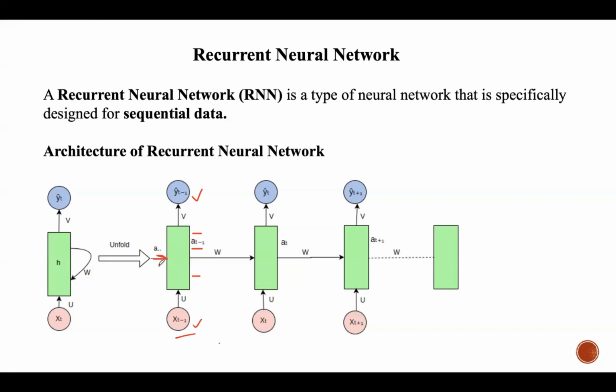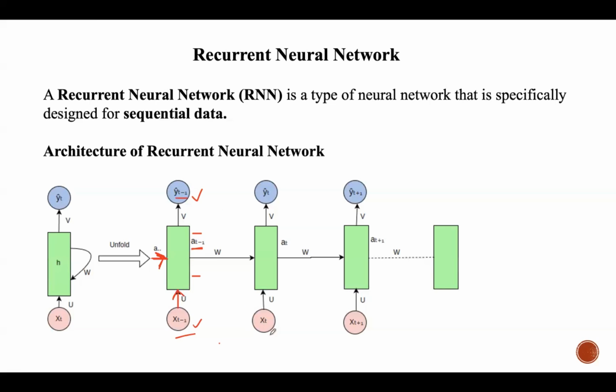The RNN computes the new hidden state h at t minus 1, based on the previous hidden state as well as the current input. Then the RNN uses this h at t minus 1 hidden state to produce the output y t minus 1 hat.